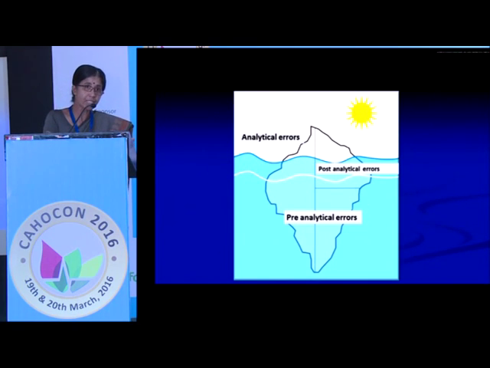Again, I just want to impress upon you that most of the errors that come easily to light are the analytical errors. If you look at this diagram, you will clearly understand that many of the pre-analytical errors don't really see the light of day. That means we don't even know that they exist.